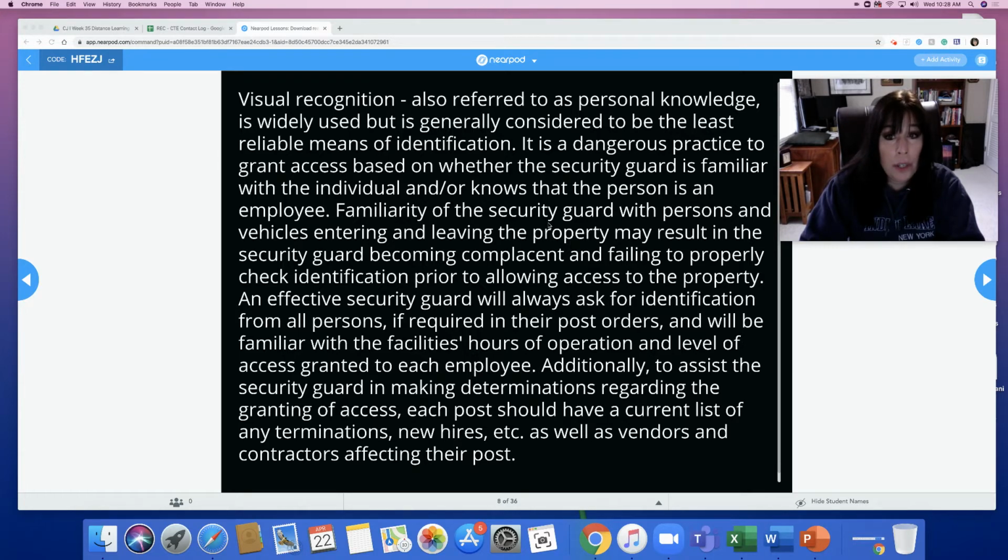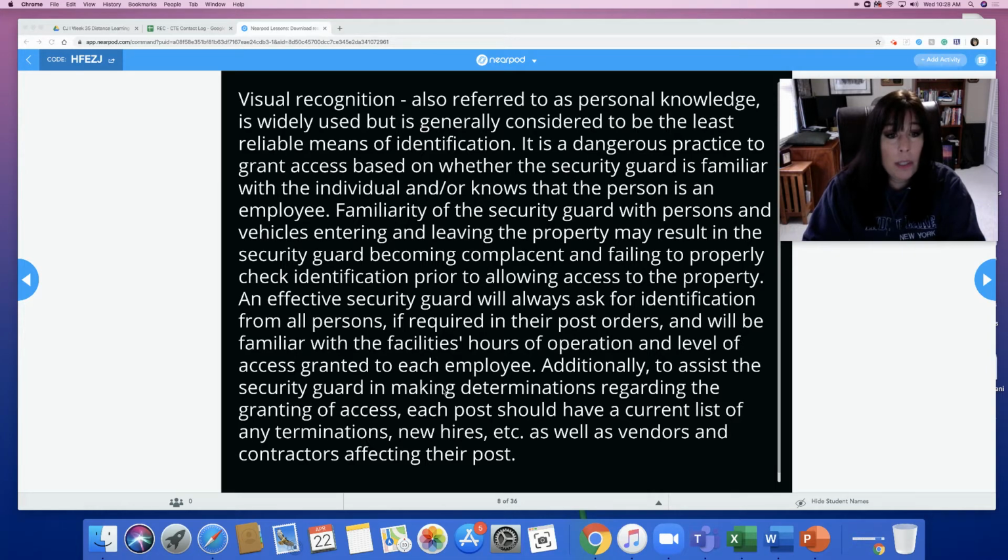Familiarity of the security guard with persons and vehicles entering and leaving the property may result in the security guard becoming complacent, that kind of means lazy, and failing to properly check identification prior to allowing access to the property. An effective security guard will always ask for identification from all persons, if required in their post orders, and will be familiar with the facility's hours of operation and level of access granted to each employee.